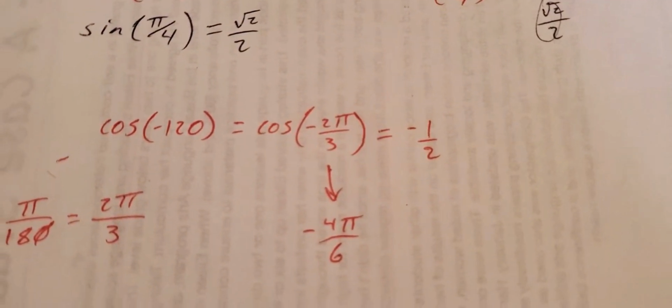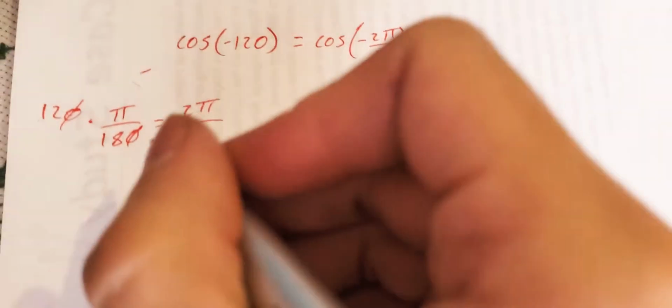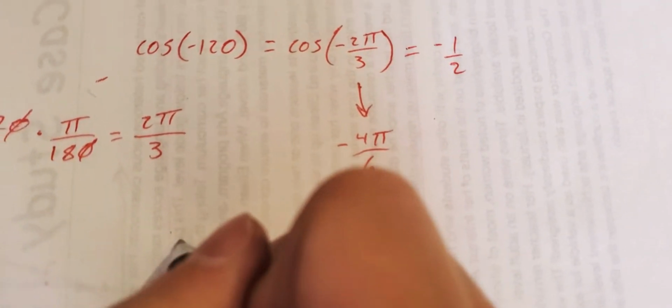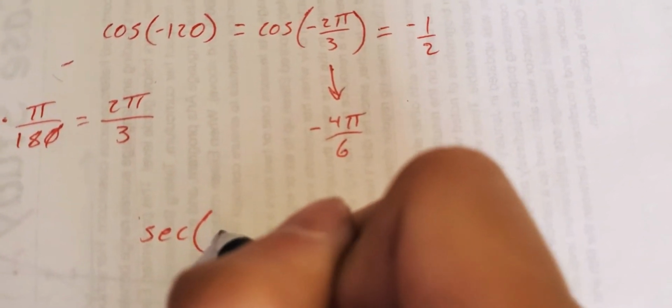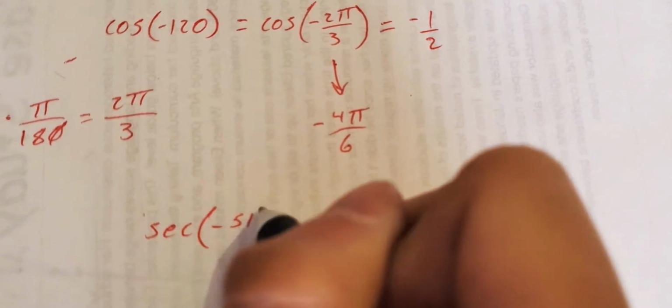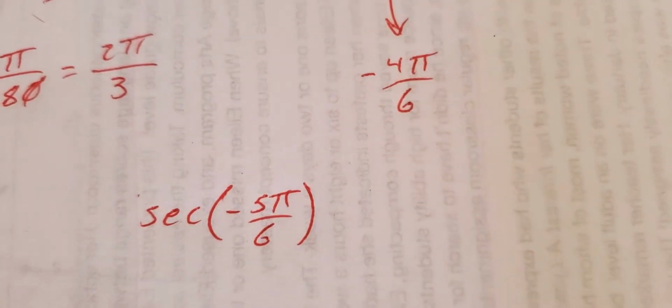Okay, now that we know the process, let's do the next one that I gave you during class, which was secant of negative 5 pi over 6. Alright, negative 5 pi over 6. I'm going to use my unit circle. Again, it doesn't have to be the unit circle with the negatives.